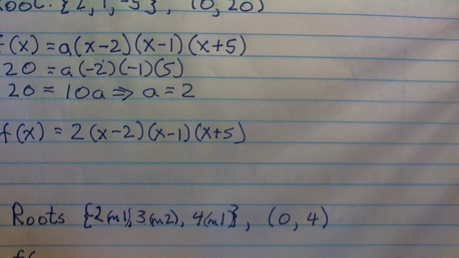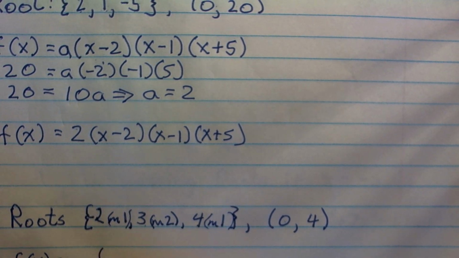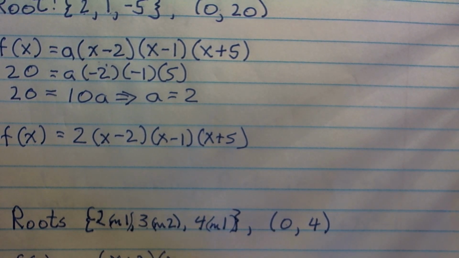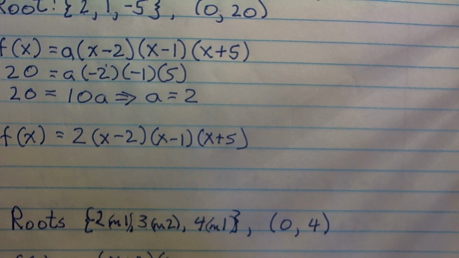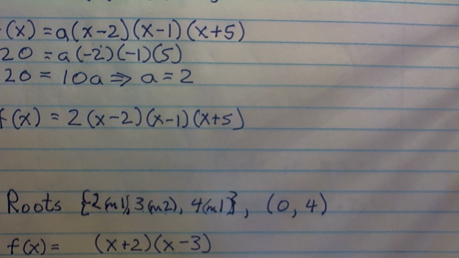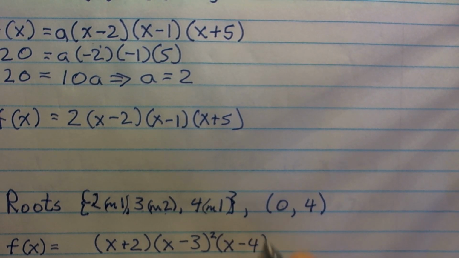We've got f of x equals, let's see here, I've got x plus 2, x minus 3, but multiplicity 2. So I'm going to square it, and then x minus 4 with multiplicity 1.